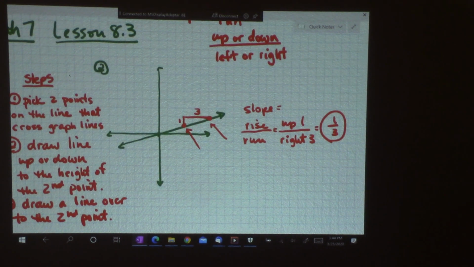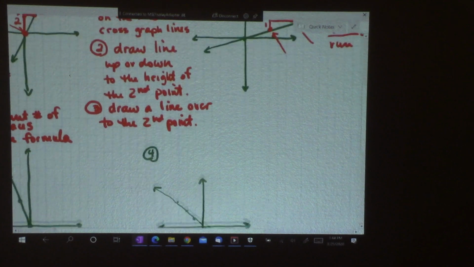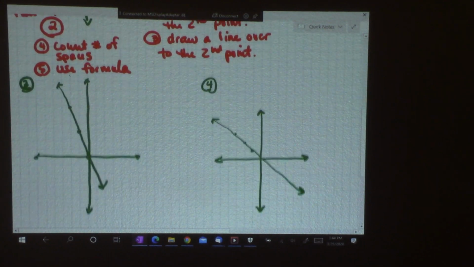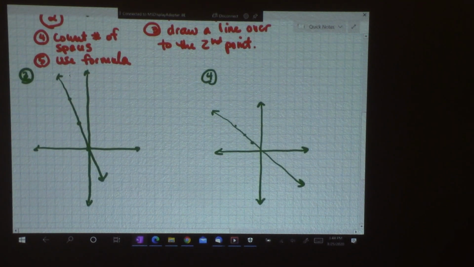Okay, let's do another one. Number 3. So step 1, I'm going to pick 2 points that cross my grid lines. And then I'm going to draw my height. I'm going to go up like that. And then now this time, to get to this point, I have to go to the left.